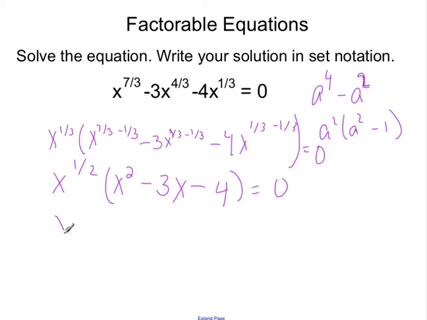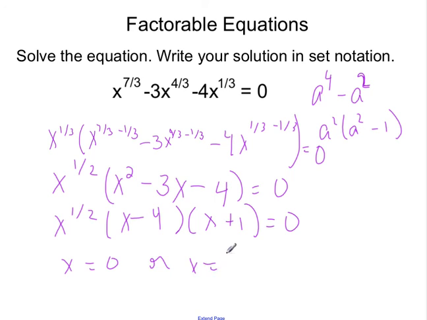So that turns out to be x to the 1/3, and then I factor that, x minus 4 times x plus 1, and then I solve from there. Setting each of these equal to 0, I would find out that x equals 0, or x equals 4, or x equals negative 1. And then it's always a good idea to go back and check your work.